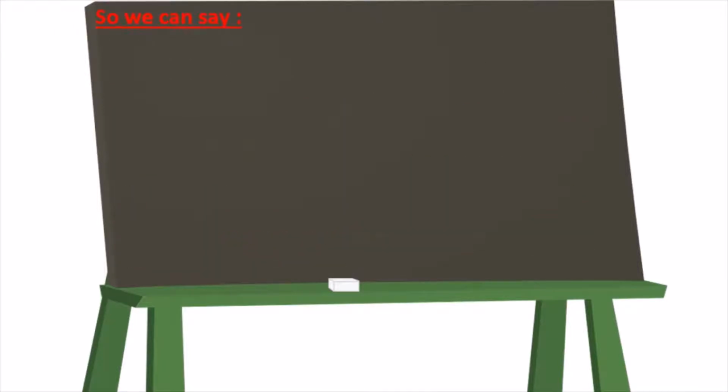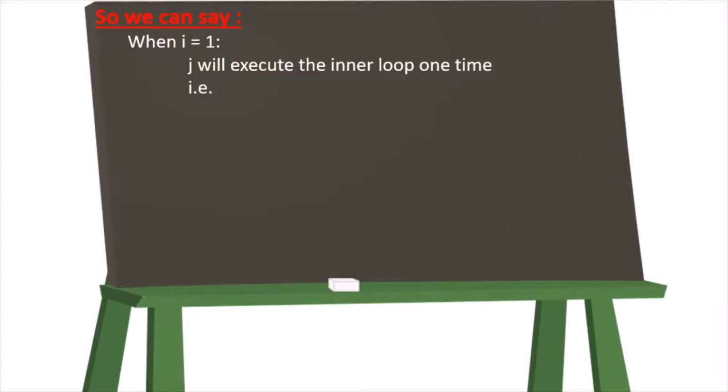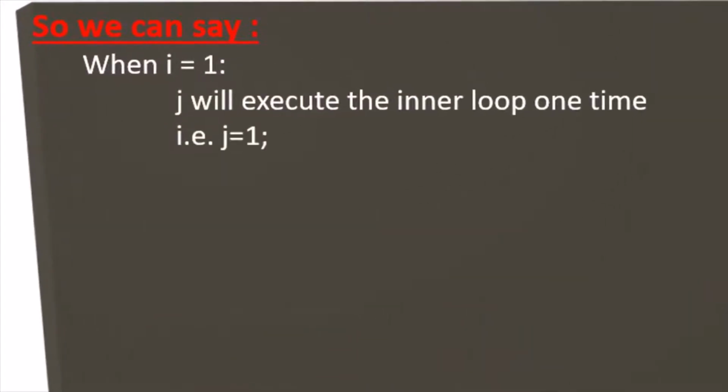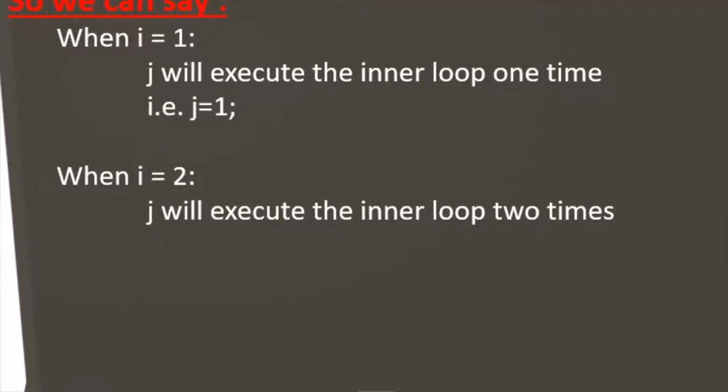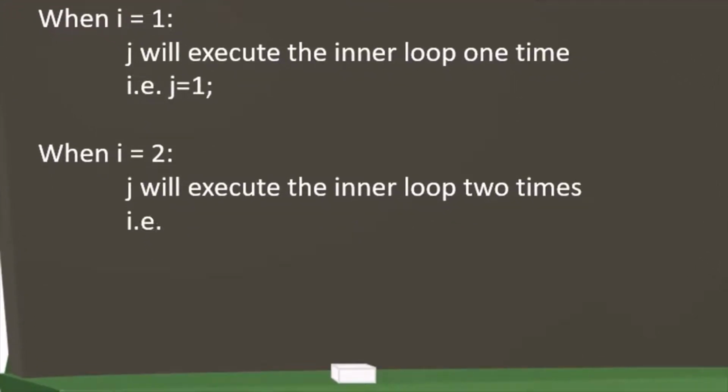For nested loops, when i is 1, j will execute the inner loop 1 time. When i is 2, j should execute the inner loop 2 times, that is j's value must be 1 and 2.